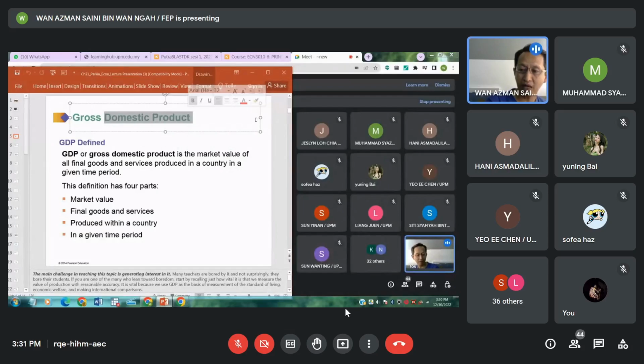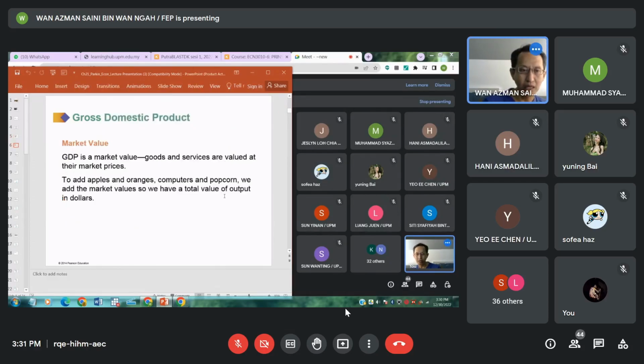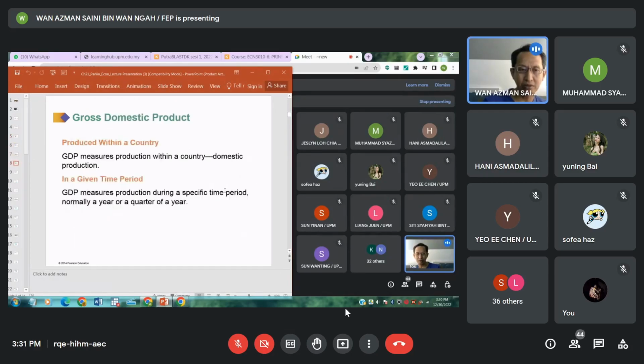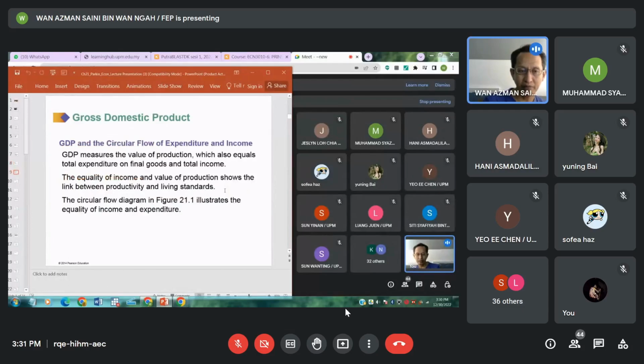So the value of the car was included in 1995, and it will not be counted in current GDP. So that is GDP: market value, final goods produced within the country, in a given period of time. So let us start.